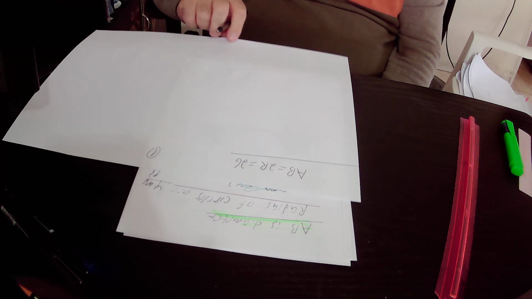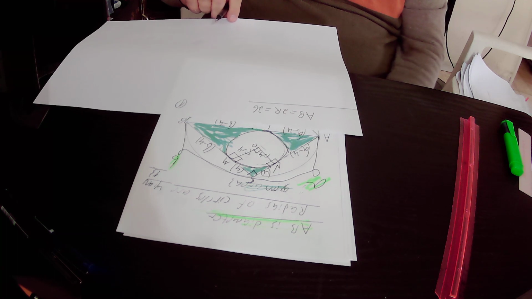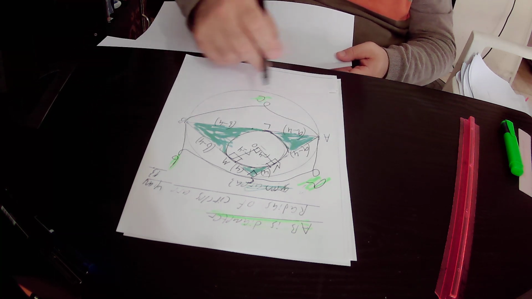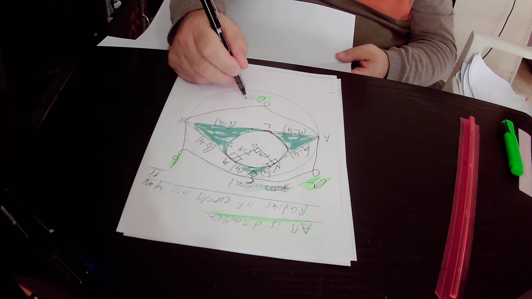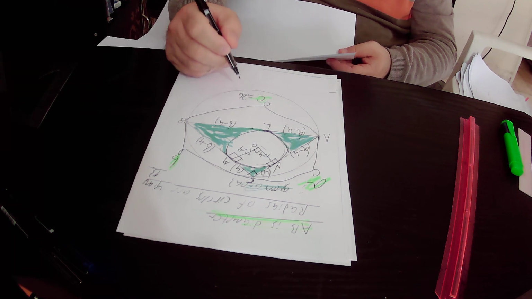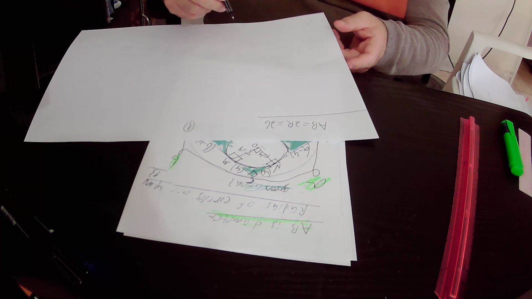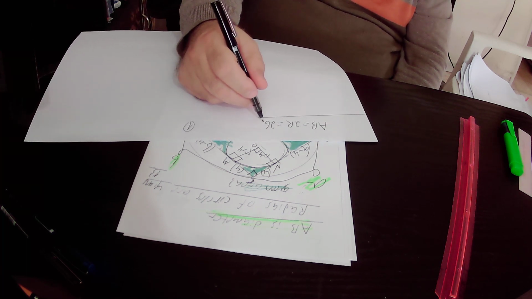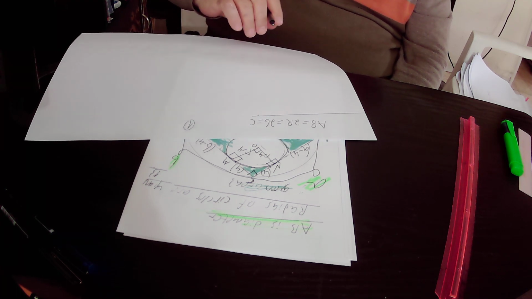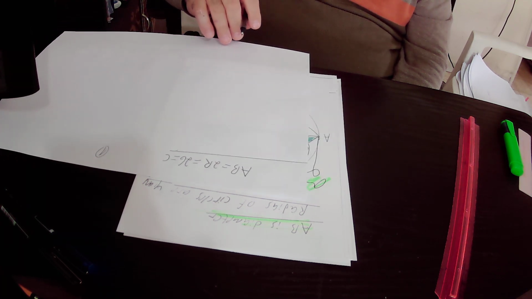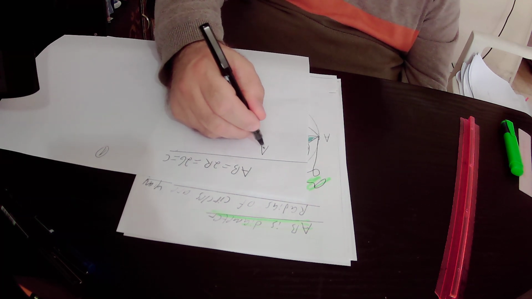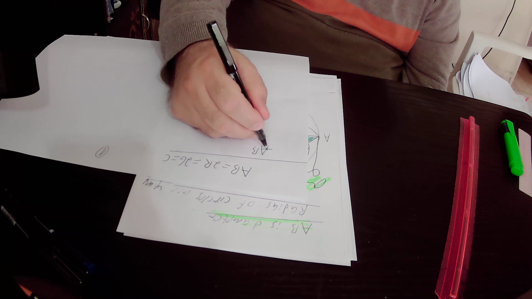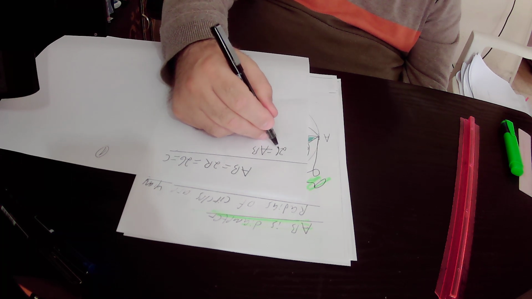So AB equals 26, but AB also equals C, so C also equals 26. So for one side, AB equals 26 units.